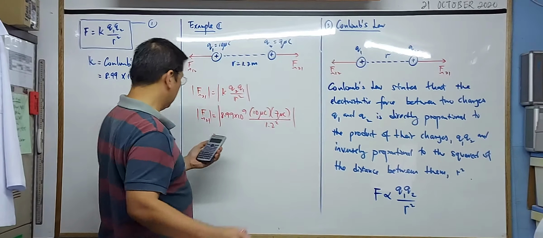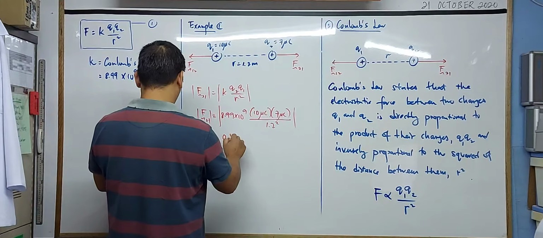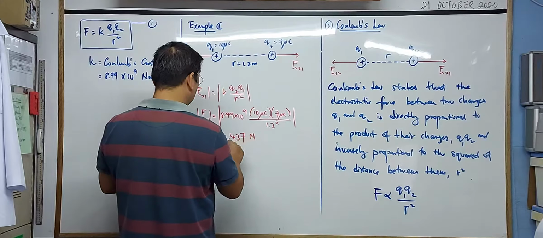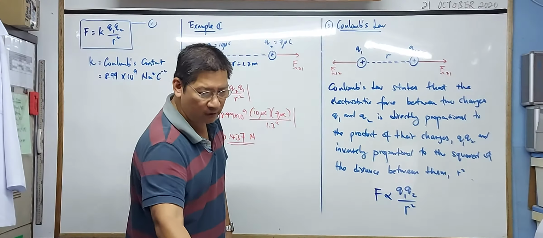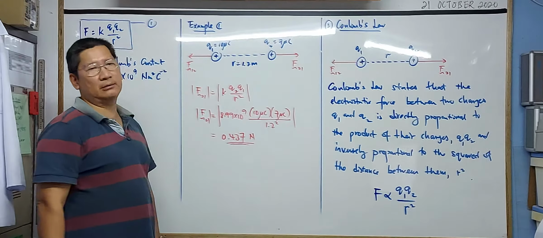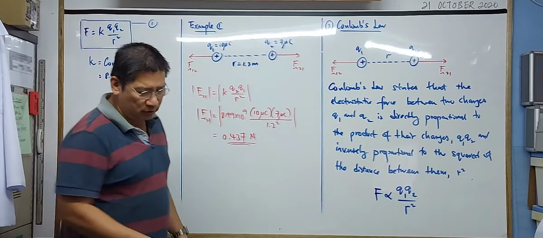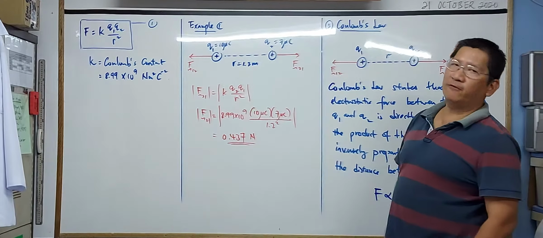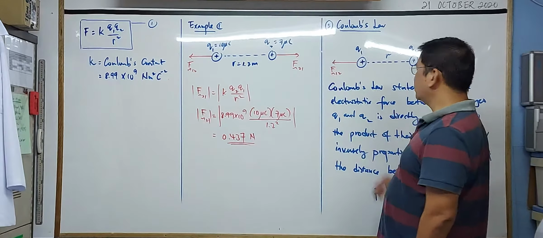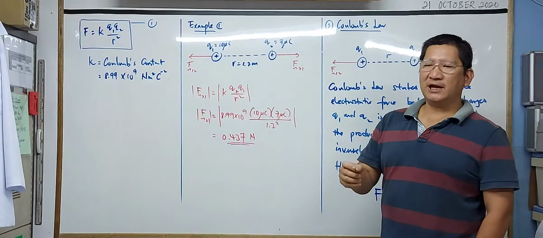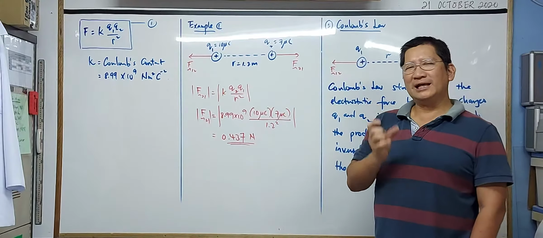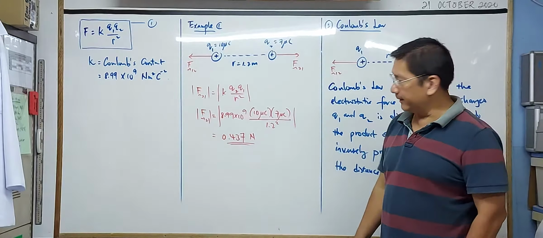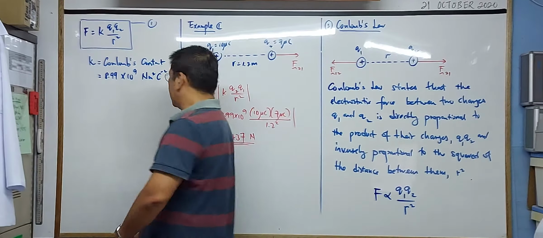Okay, so the answer is 0.437 Newton. Well, that is one way of using Coulomb's law in calculating the Coulomb's force or electrostatic force. I forgot to mention, electrostatic force is a force that exists between two electrically charged particles. So that's an example.